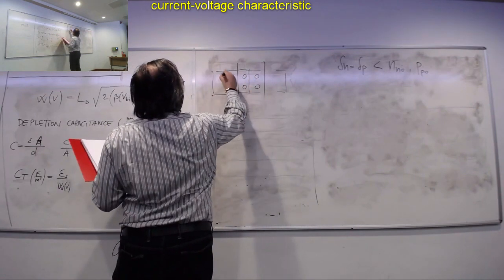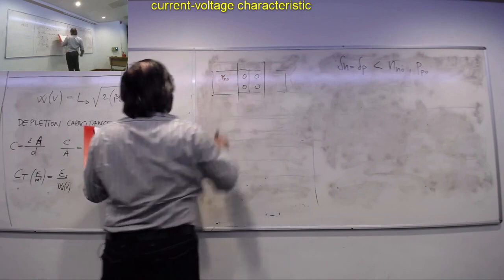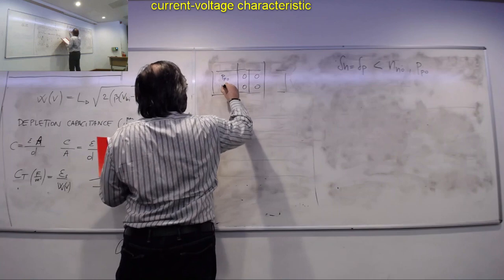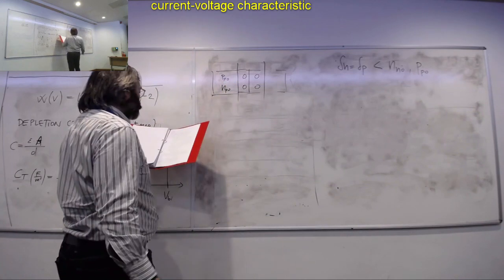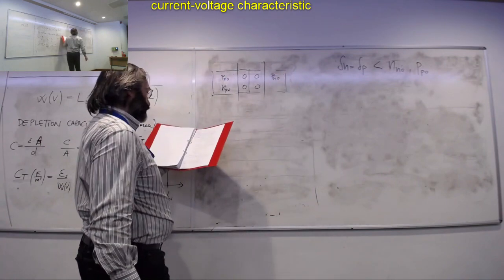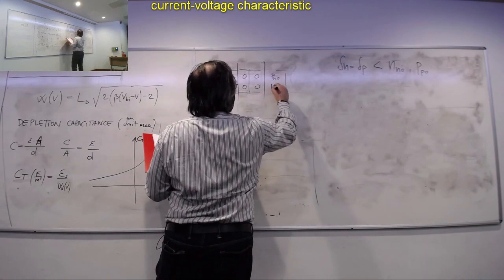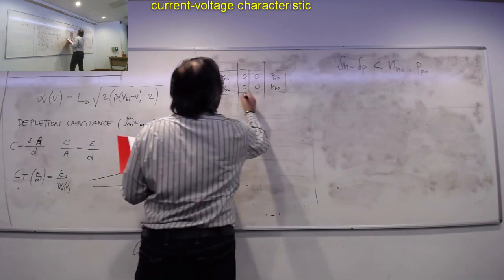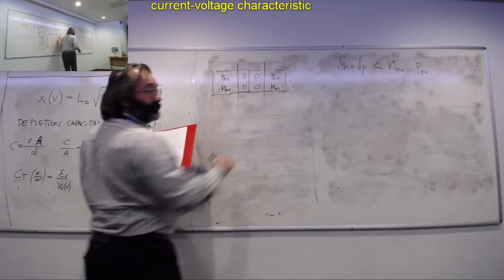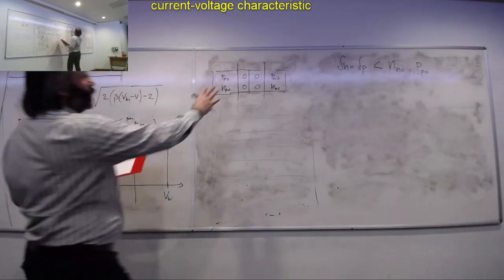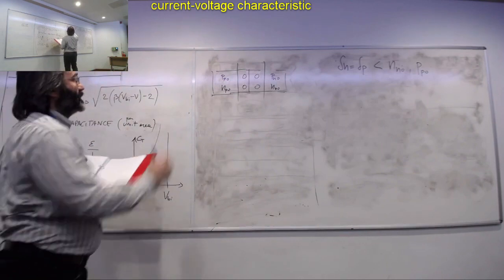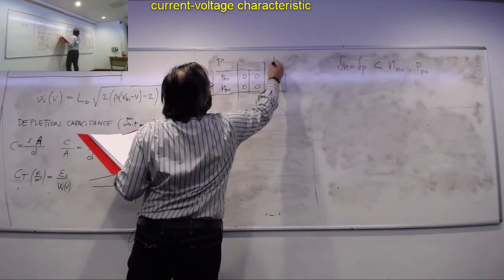Here, I have the majority carriers at thermodynamic equilibrium, and these are the minority carriers. The minority carriers here are p_n0, and this is n_n0, the majority carriers on this side. So in my head, I'm thinking of this situation: no free carriers here at all. This is the P side, and this is the N side.